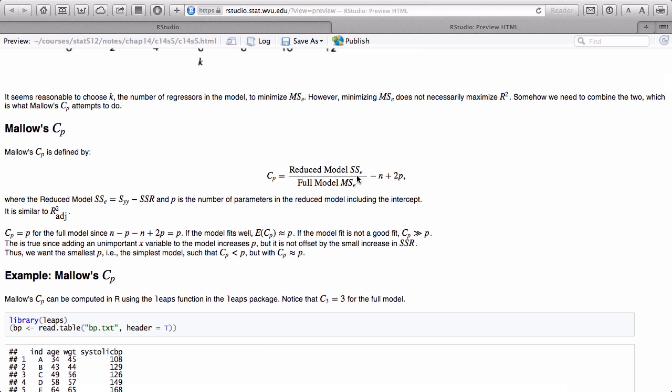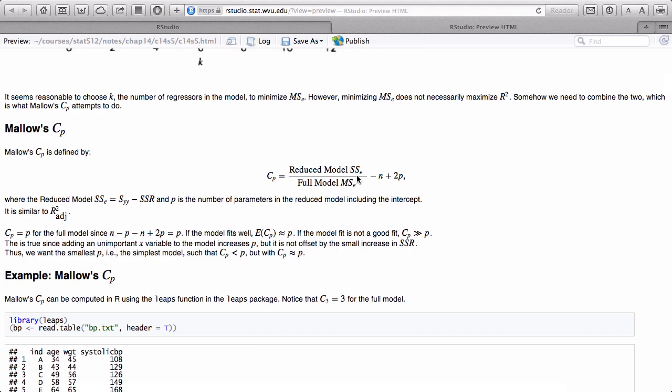That's not quite correct. First of all, you can show that Cp equals p for the full model. So if you're fitting three terms, p equals 3 is the full model, which is the case in the example we were looking at, because you had age, weight, and the intercept, and that p counts the intercept. Then p equals 3 in that case, and when you do that, then C sub 3 is 3.